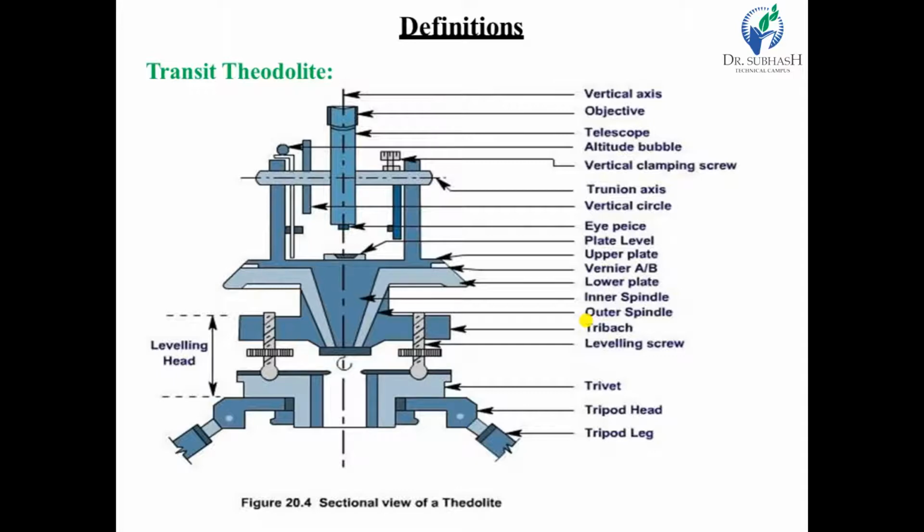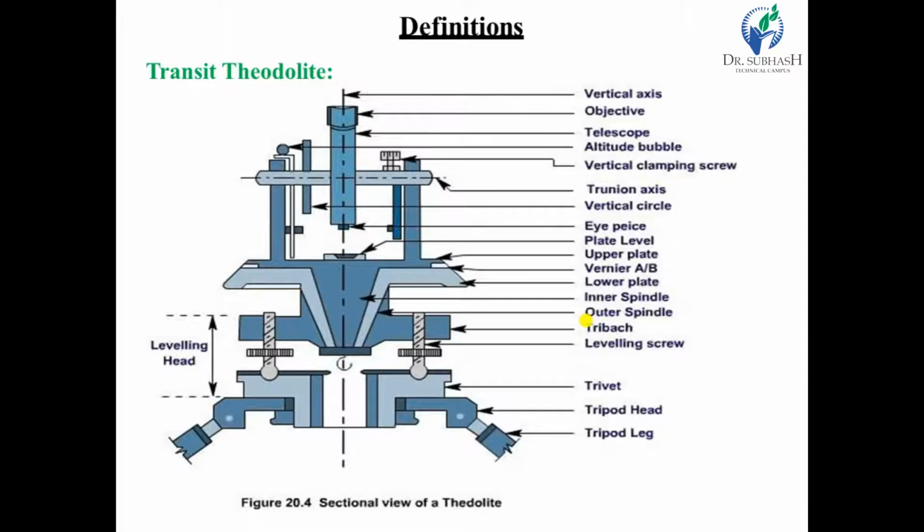These can be matched with each other to get the reading. Second thing, inner spindle. The inner spindle rotates on the outer spindle, so our theodolite is revolved about the vertical axis.